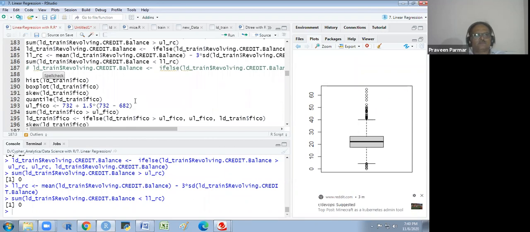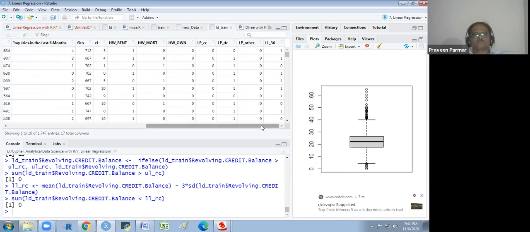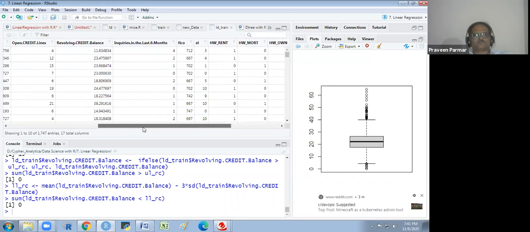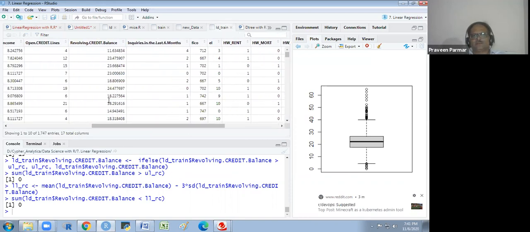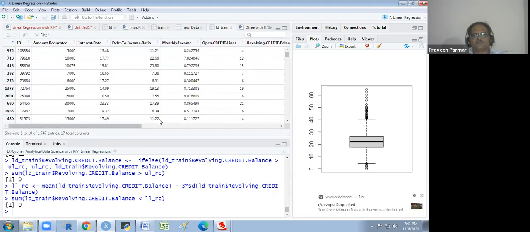Now the next column is the FICO. I will tell you about this FICO column. We have taken these, monthly income, debt to income ratio, interest rate, amount requested.